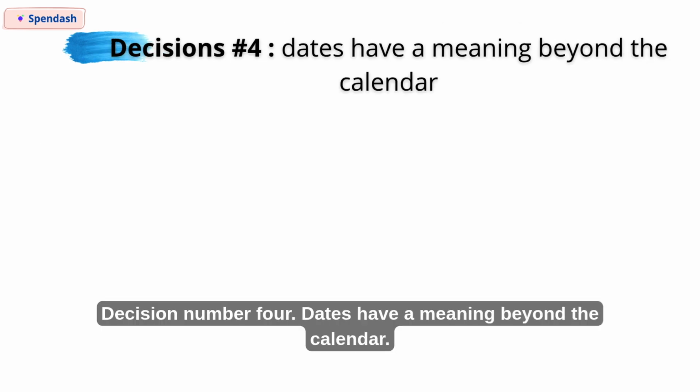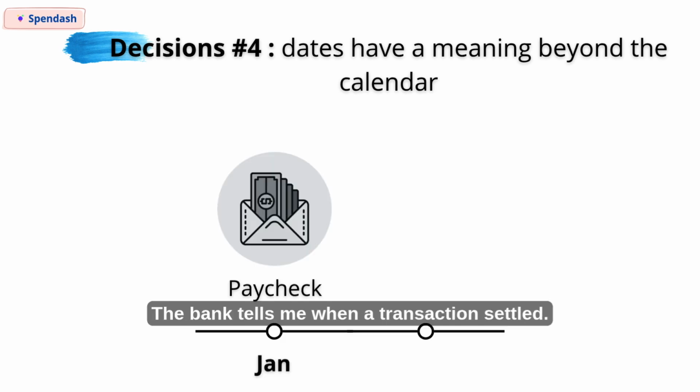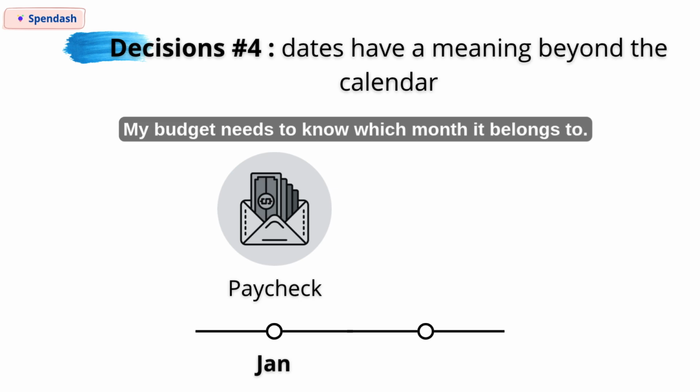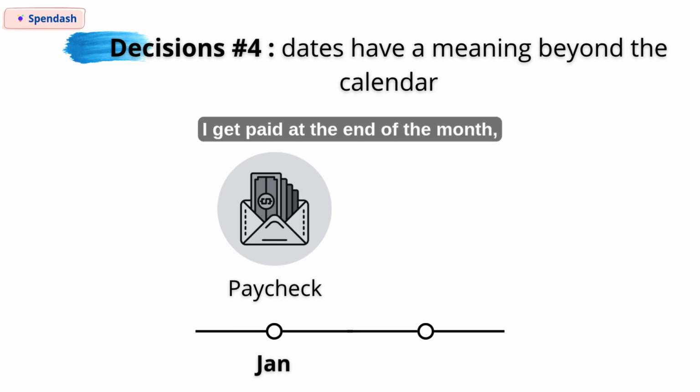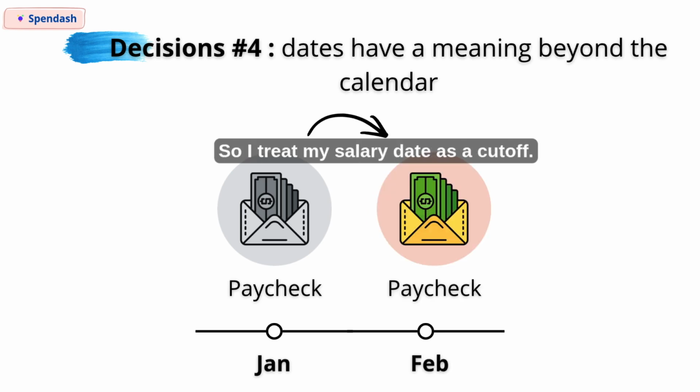Decision number 4. Dates have a meaning beyond the calendar. The bank tells me when a transaction settled. My budget needs to know which month it belongs to. Most of the time they are the same, but not always. I get paid at the end of the month, and that paycheck covers the next month. So I treat my salary date as a cutoff.